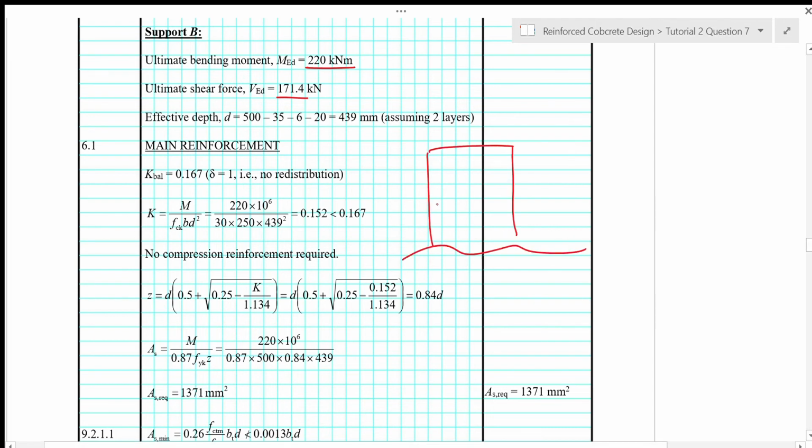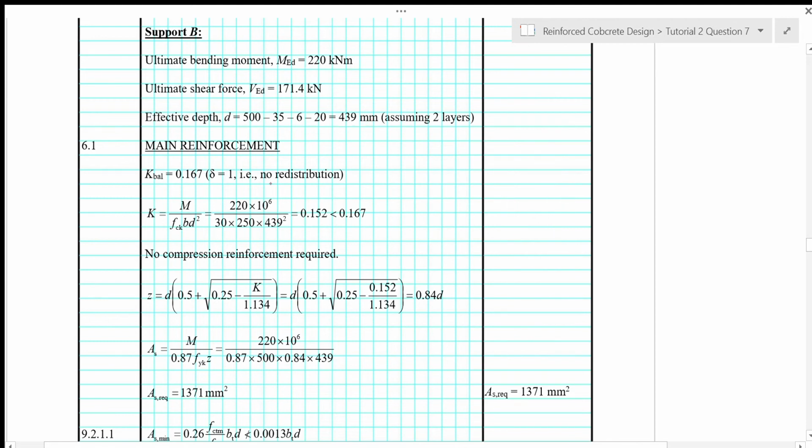Because support B is having negative moment or hogging moment, the tension reinforcements are on the top of the beam. So in this case, we assume that we have 2 layers of bar, so the effective depth is calculated in this manner, where it is the height of the beam 500 minus cover minus link diameter minus 1 diameter of the main bar to give 439 mm.